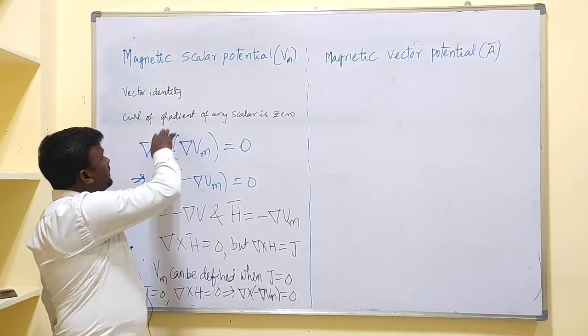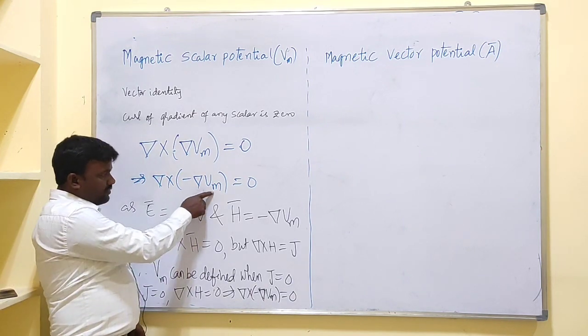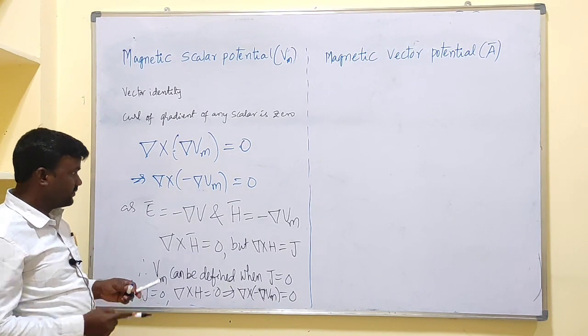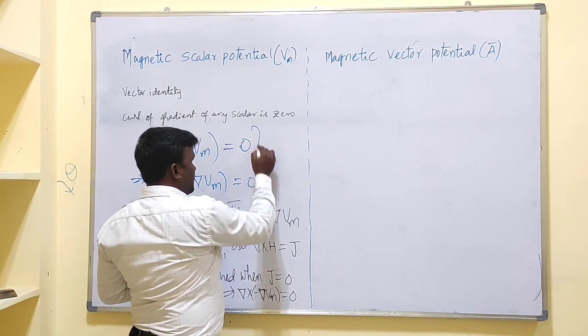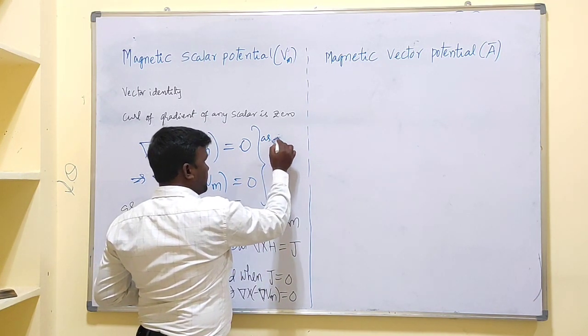This is about the magnetic scalar potential. And what about the unit of Vm?